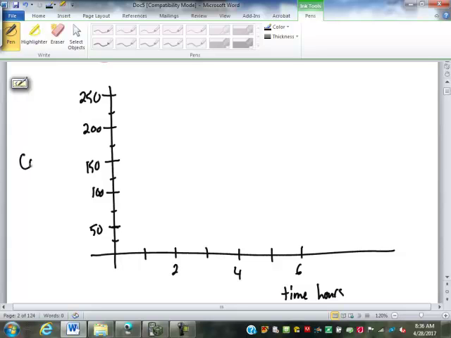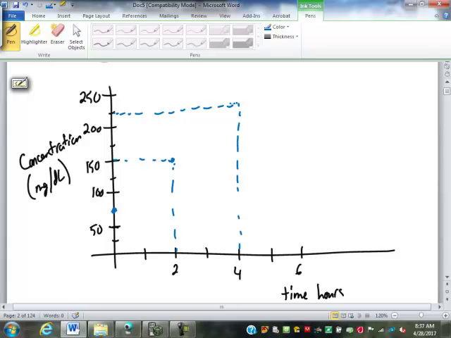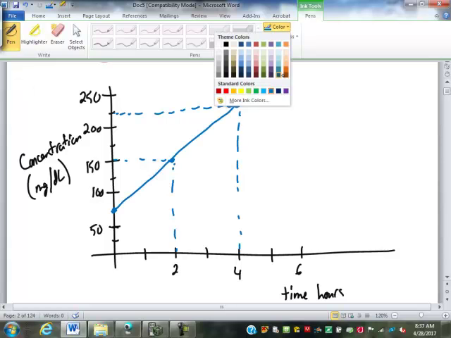And this over here is going to be concentration in, let's go, milligrams per deciliter. So let's say that this starts right here and goes, I'm going to draw some shadows here because my artwork is not that good. So let's say we have those points.